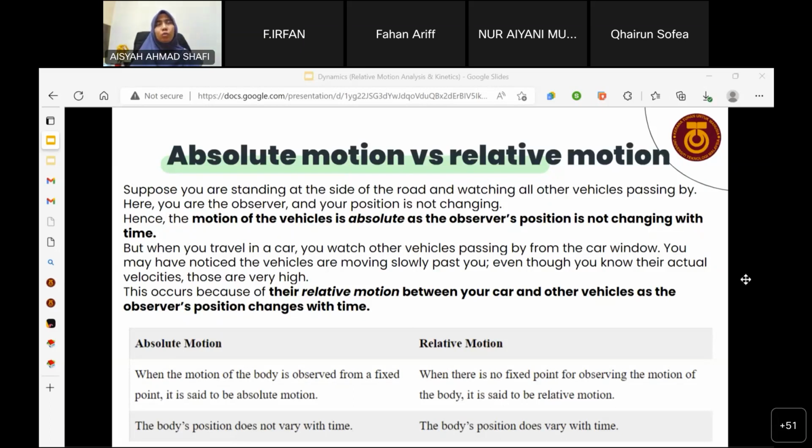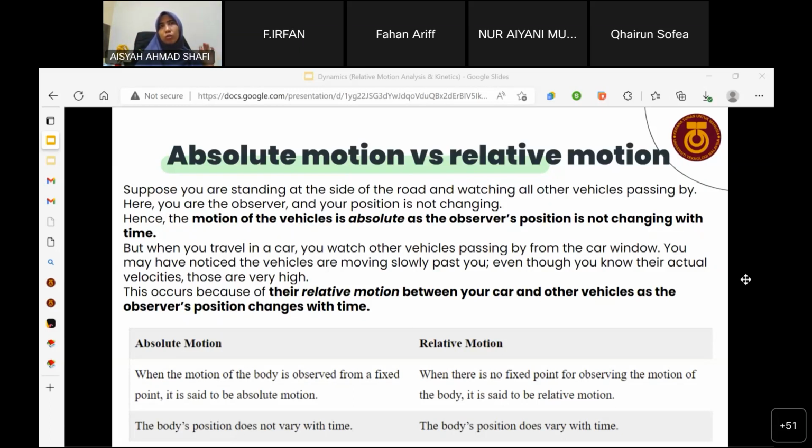That means when you are static, you are not moving. So when you are at the side of the road and the car moves past you, you can feel that the car moves very fast.